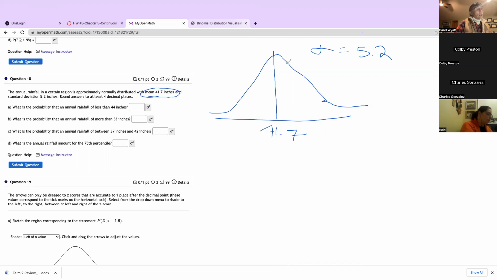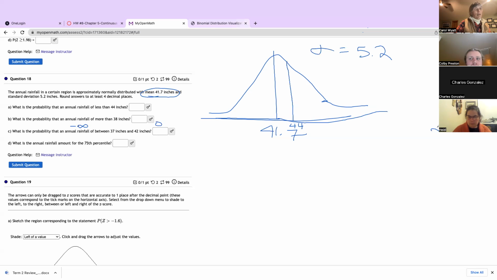Well, 44 inches is right here, because this down here is like a number line. So 0 is way down here, 41 down this way. Negative infinity keeps going down this way. Infinity is way over here. This is a huge giant number line, and we put this little normal curve right on top of it.